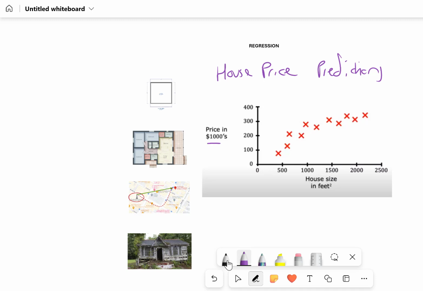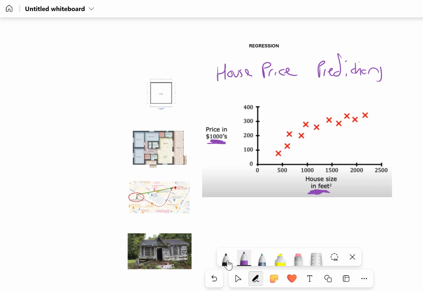So for prices in $1,000 on this side, and our input data here is house size in square foot. So we can see that these are the different houses. So a house which, based on our data, is below 500 square foot is sold at 100. I'm just going to be using 100, 200, 300, 400.